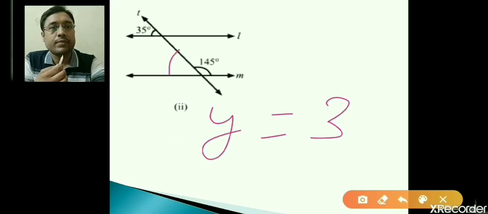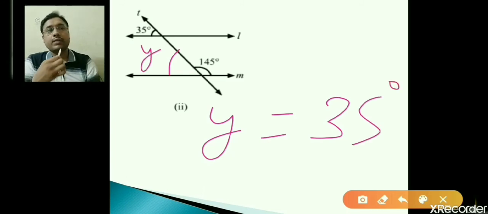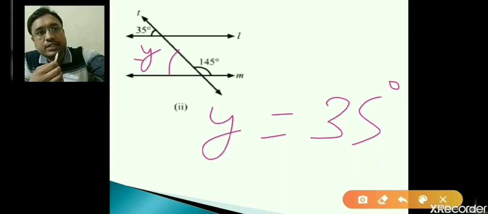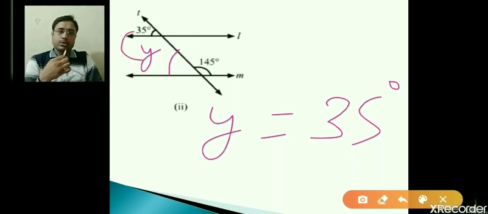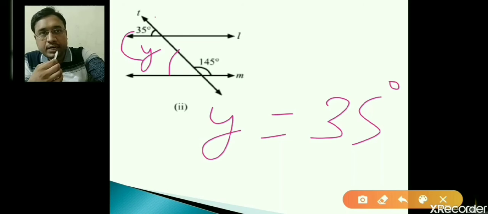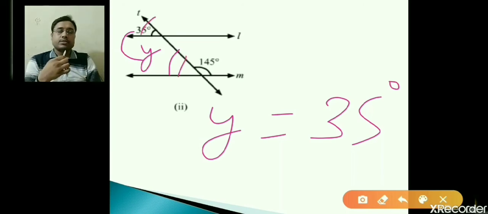This angle Y is 35 degrees. Then its corresponding angle, you can see Y and 35 are equal. So the corresponding upside angle is also 35 and this is also 35. So that means these two lines L and M are parallel here.